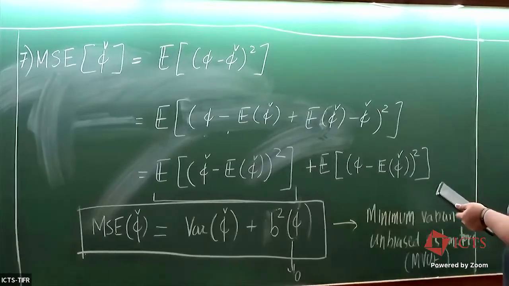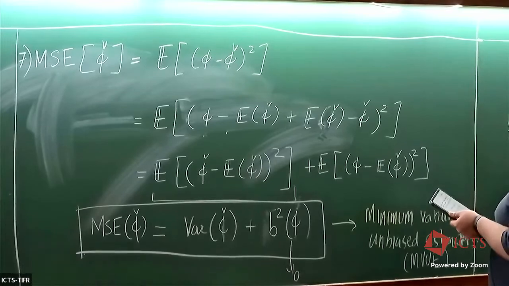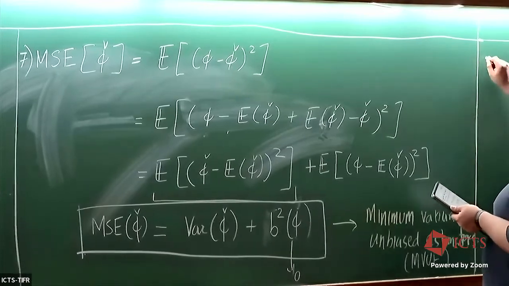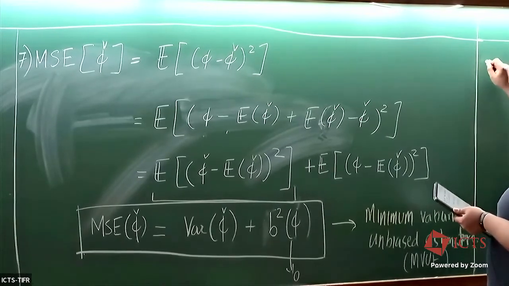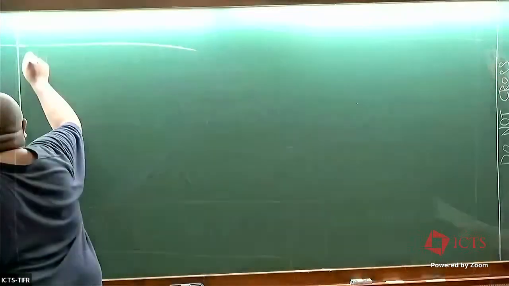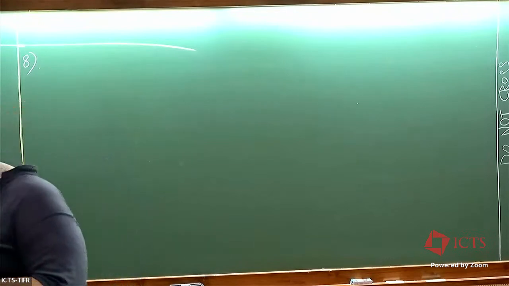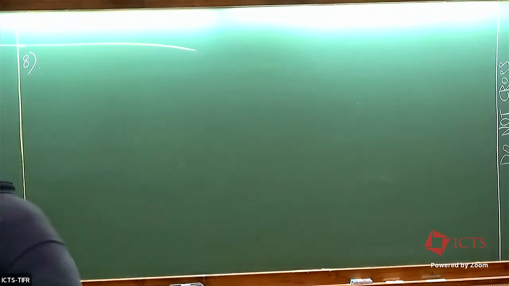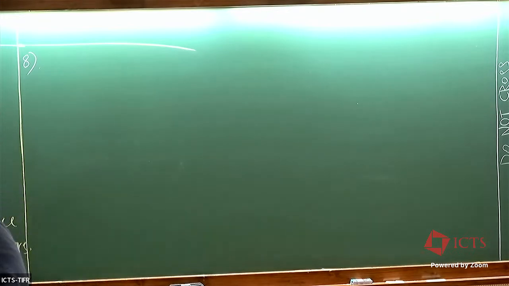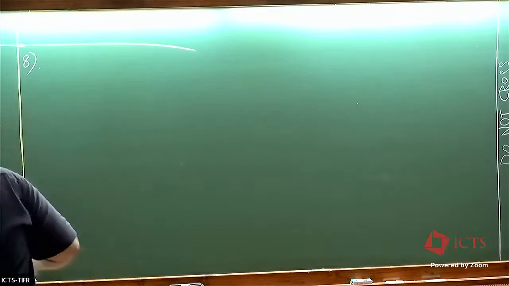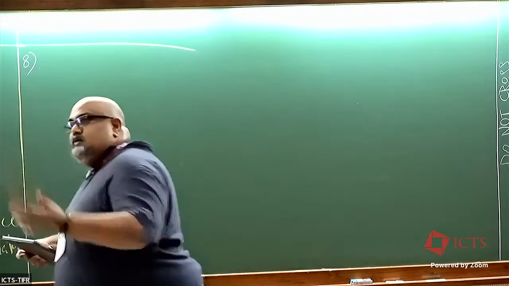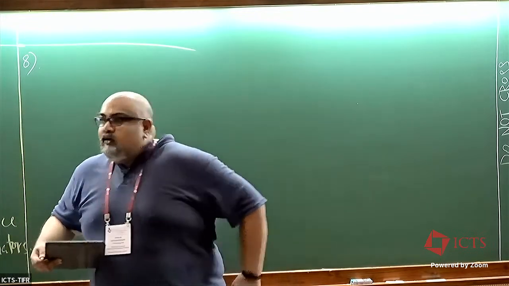Okay, so now let me derive something for you. It sounds a bit abstract, but okay. Given that we've now proposed minimum variance unbiased estimators, the question is, how do I get to these MVUEs? How do I construct these objects? This is the question that you just asked, it set me up perfectly.